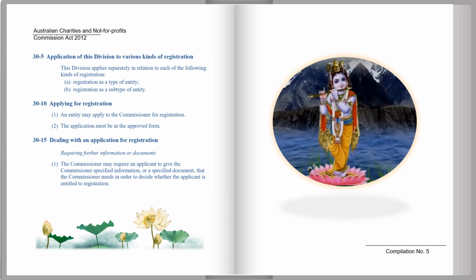Dealing with an application for registration, requiring further information or documents. 1. The Commissioner may require an applicant to give the Commissioner specified information or a specified document that the Commissioner needs in order to decide whether the applicant is entitled to registration.